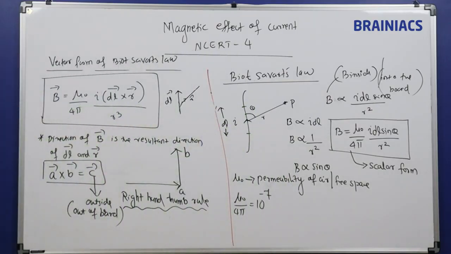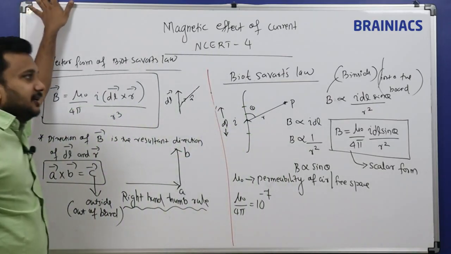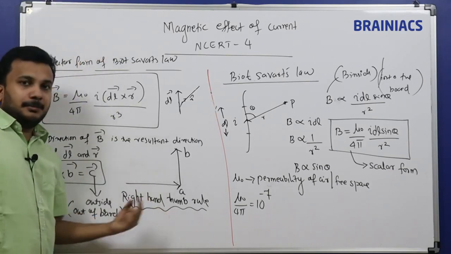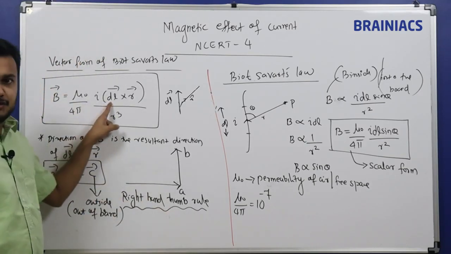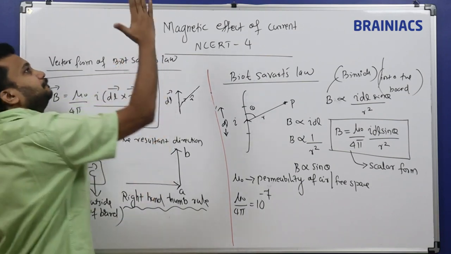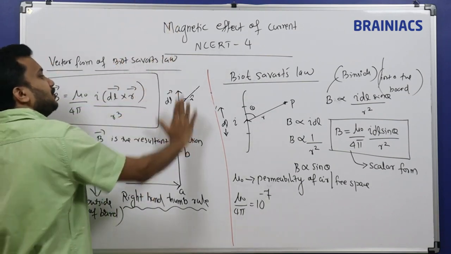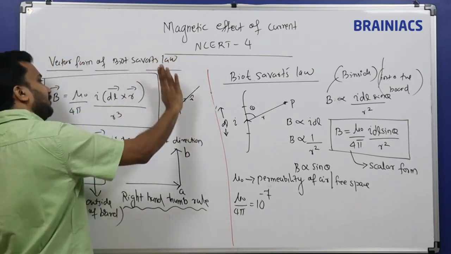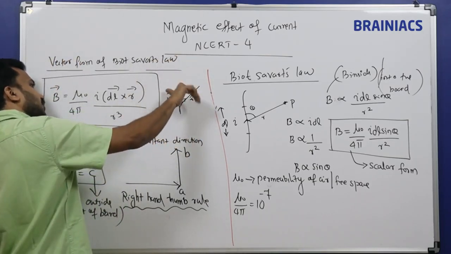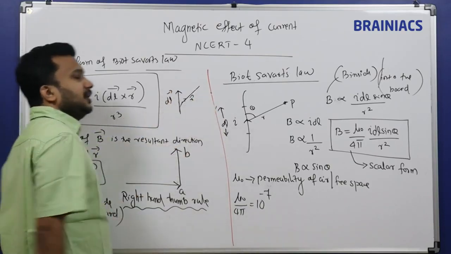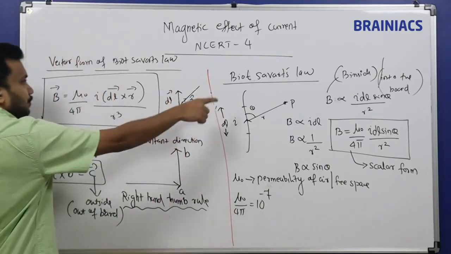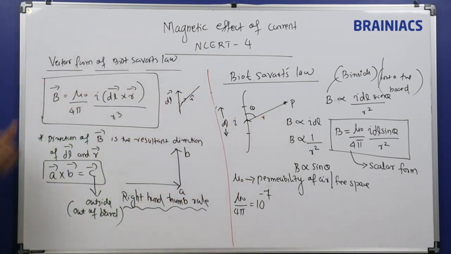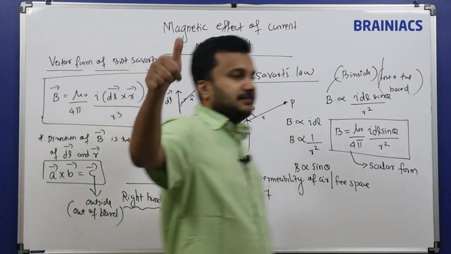Hope this is clear to you. If you know the direction of DL, you keep your palm in the direction of DL, then turn towards the direction of R. My thumb is going into the board, so the magnetic field is inside the board, because the magnetic field direction is given by your thumb.